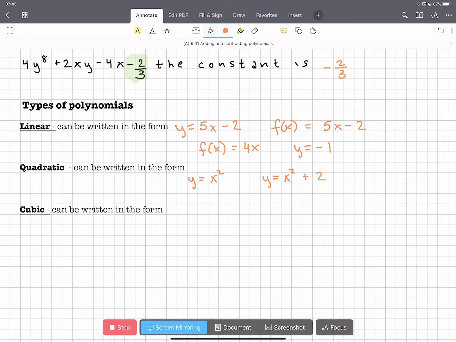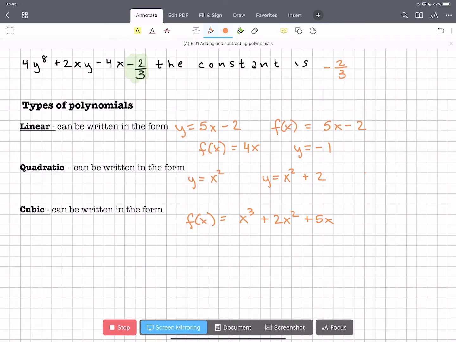So those are all quadratics. And then finally, cubic is something that has a degree of 3. So something like f of x equals x cubed plus 2x squared plus 5x. Something like that would be a cubic.